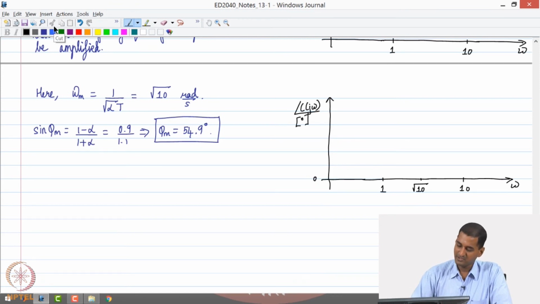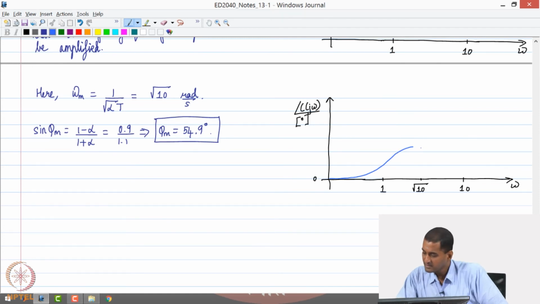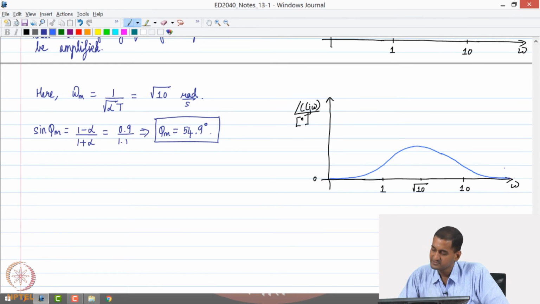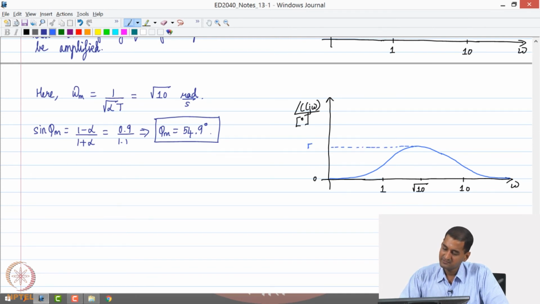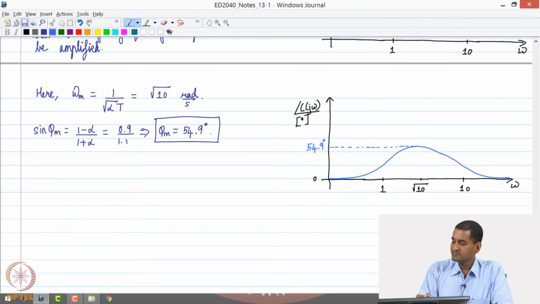The phase starts from very low values, and as frequency increases, it reaches a maximum at square root of 10, and then starts to decrease. Ultimately it goes to 0. At square root of 10, the maximum value is what we calculated to be 54.9 degrees. That is the maximum phase for this particular lead compensator.